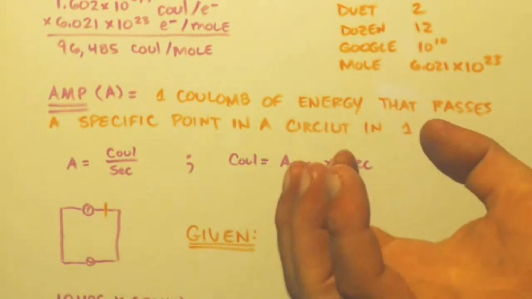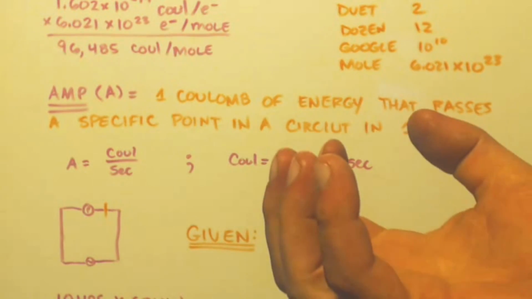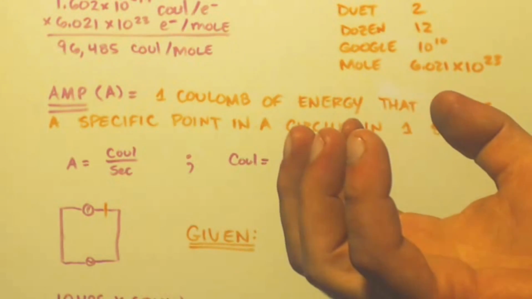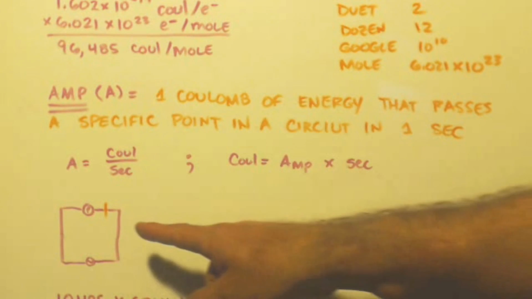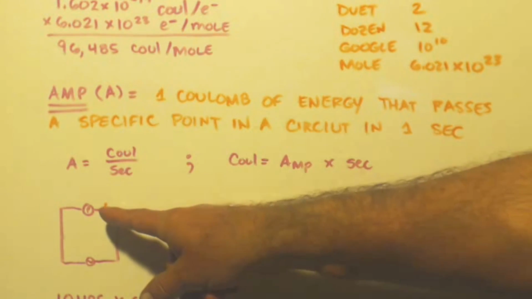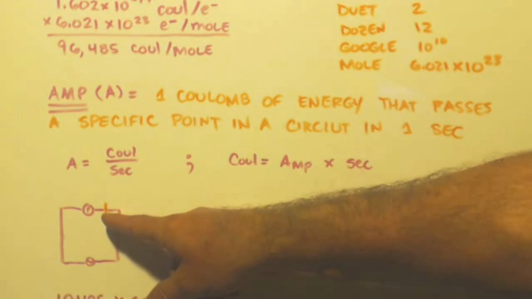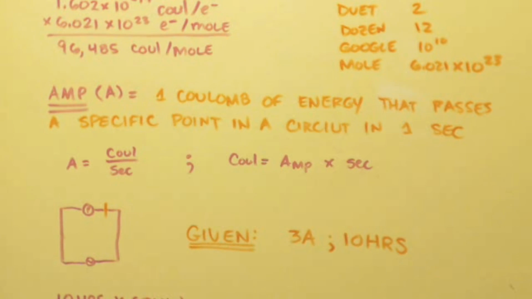But if that coulomb isn't moving or going anywhere, then it's just a coulomb. If you start pushing it through a circuit like this, then you count every second how many coulombs went through, and that's what your amps are.